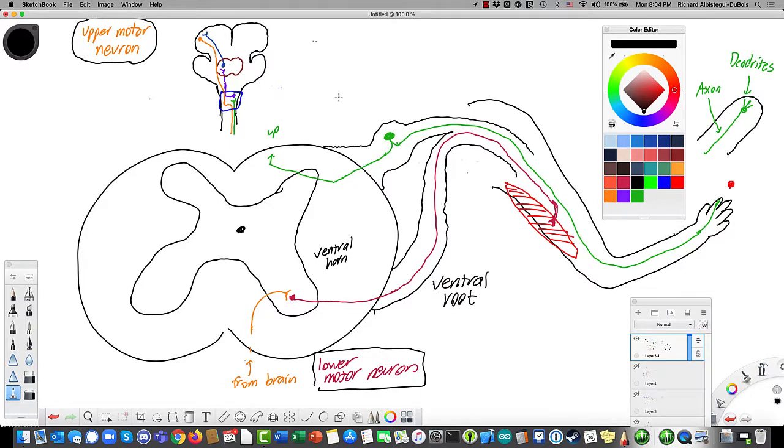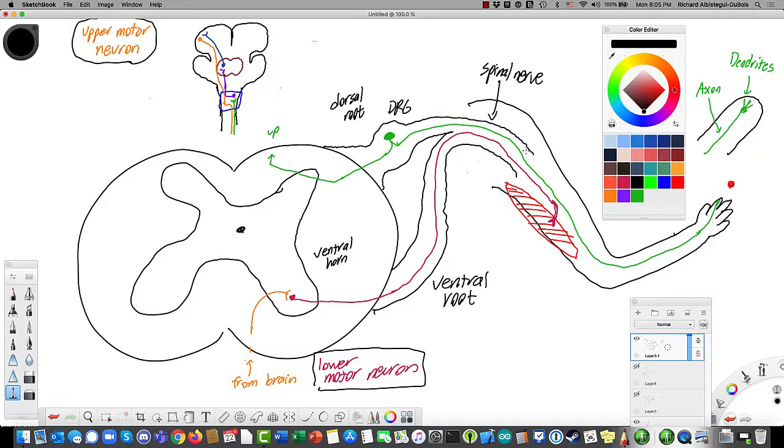Up here we have the dorsal root, which contains the dorsal root ganglion. That is carrying axons of primary somatosensory neurons. And those two roots join here into the spinal nerve. So notice that spinal nerve is carrying both afferent sensory axons in green and efferent motor axons in red. So that's why we call it a mixed nerve.